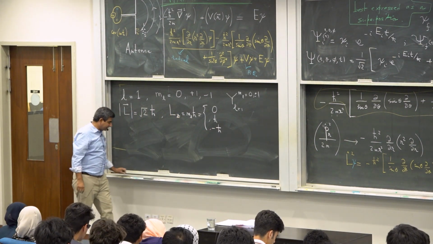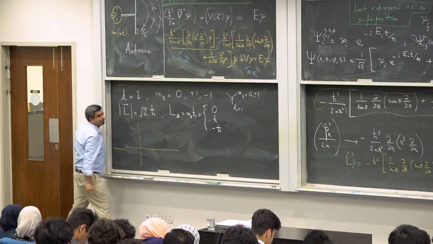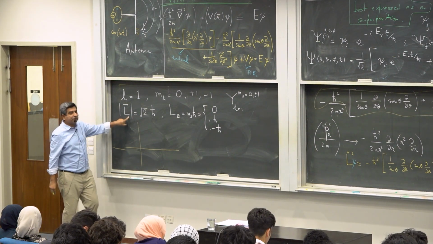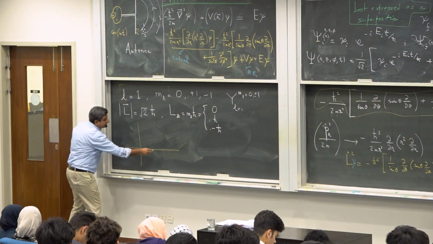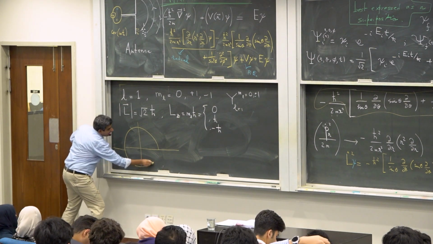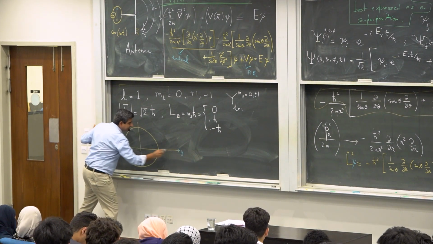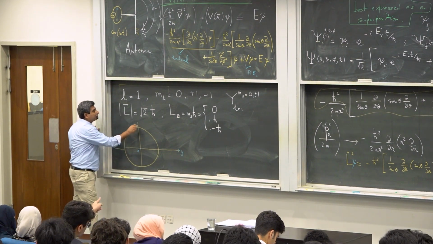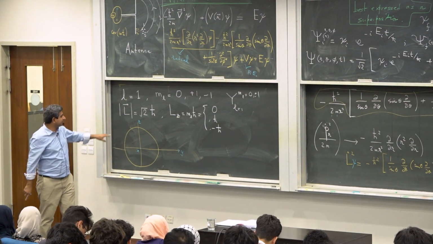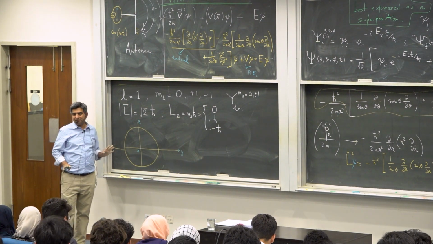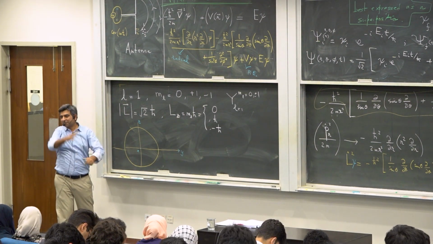Now I want to draw a vector. This is my circle. If I were to draw a vector of length under root 2 h bar, I can draw a circle, right? So this is my y axis, my x axis pointing outward, the z axis. So at the origin I draw a vector that could be anywhere on the circle.